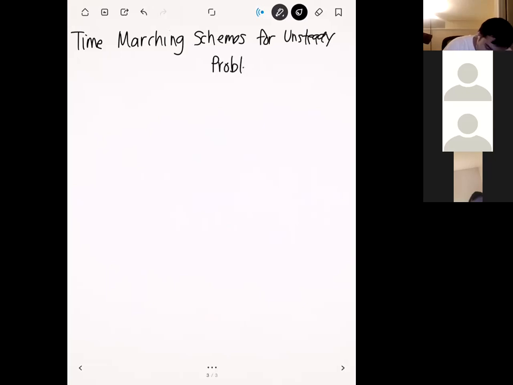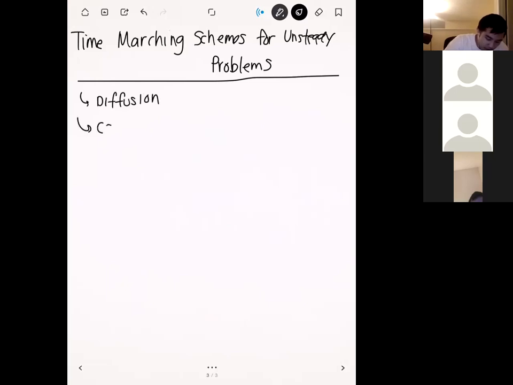Okay. And so now we're going to start to introduce unsteadiness into our equations. Up to this point, we've covered diffusion and we've covered convection.